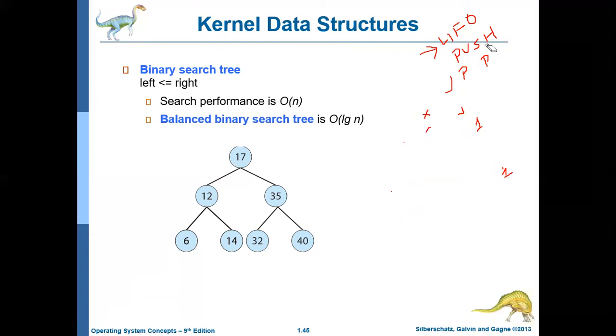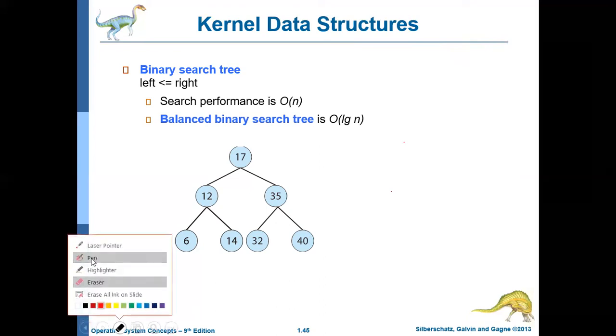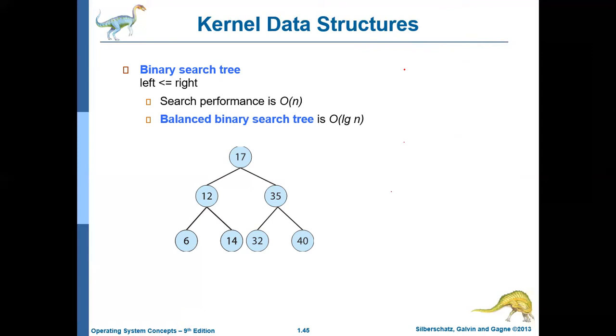Similarly, we have another data structure which is called a queue. The data structure queue is also used to a larger extent in operating systems. Queue follows something called FIFO. FIFO stands for first in first out.